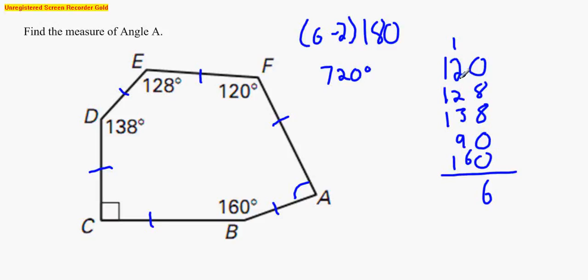So we got 1 plus 2 is 3, plus 2 is 5, plus 3 is 8, plus 9 is 17, plus 6 is 23. So we got 3 here, and we bring a 2 way up here. We got 2 plus 1 is 3, plus another 1 is 4, another 1 is 5, another 1 is 6. We get 636 degrees. And so whatever's left over from subtracting this 636 from 720 will be angle A.